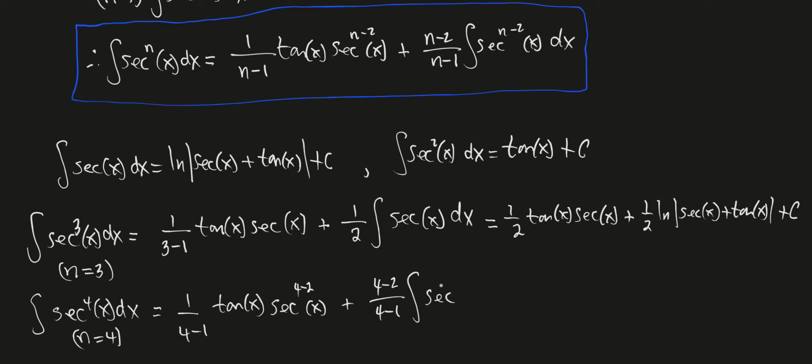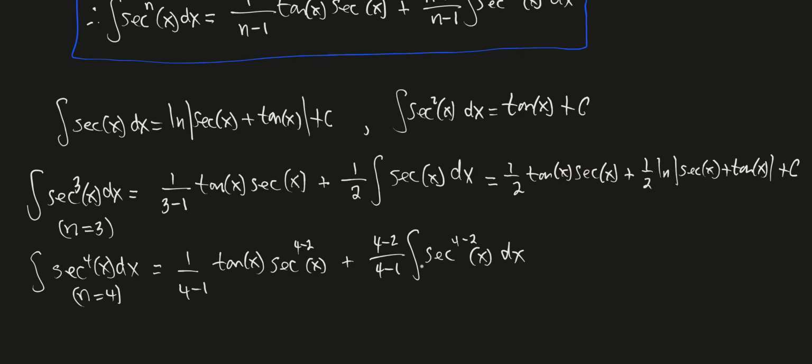But again, in fact, let me just plug it in without any simplifying. Let me just replace all the n's with the number 4 so you can see what this reduction formula tells me. And you can see what happens over here to that power of secant, right?